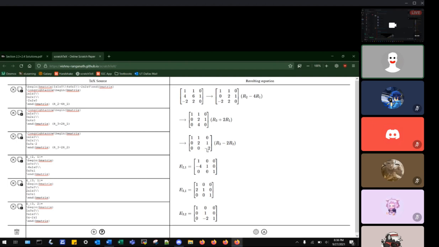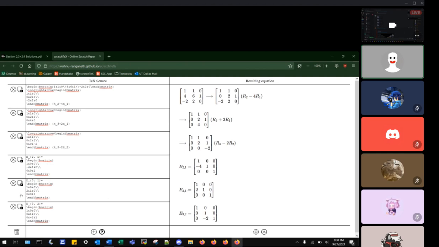And so the elementary matrices associated with this transformation will be this matrix E21, which would be associated with R2 minus 4R1, E31, which is associated with R3 plus 2R1. I'm not sure if this is correct, actually.